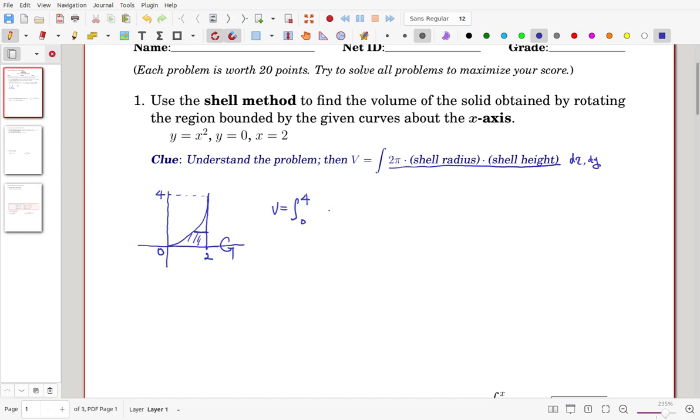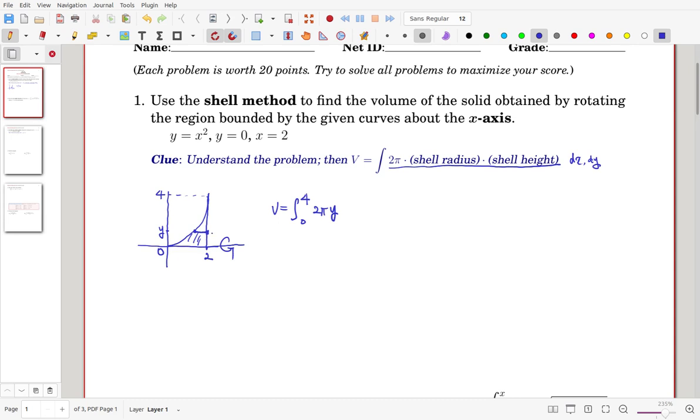Now for each y, the radius is y, so we have 2 pi y, and then the shell height is from this one to that one.